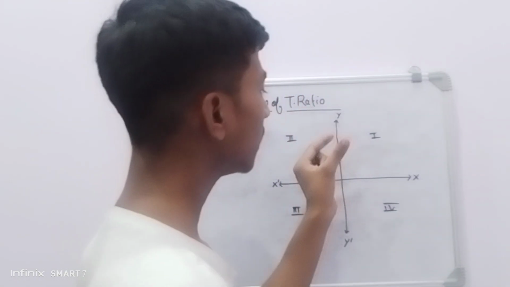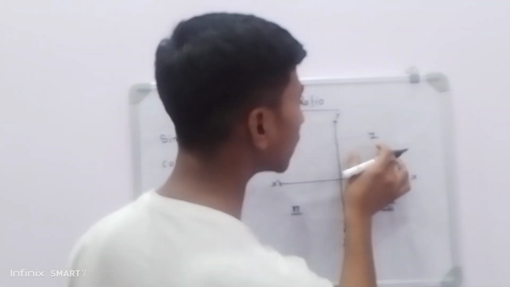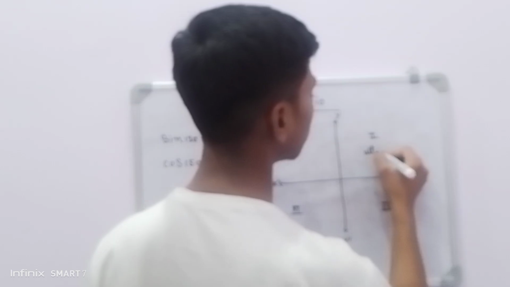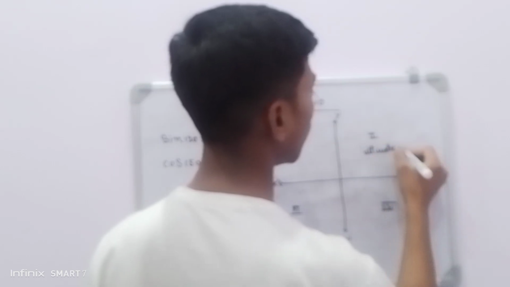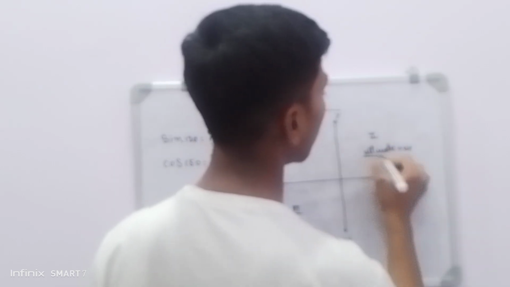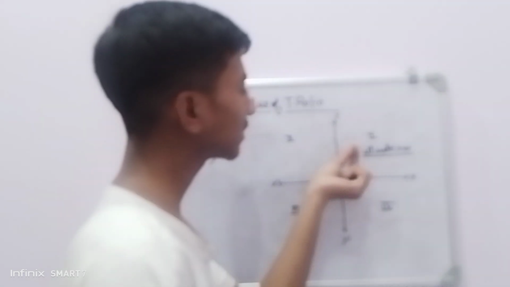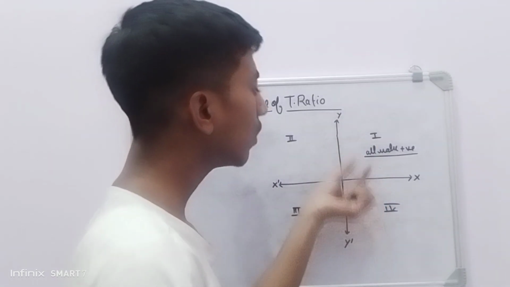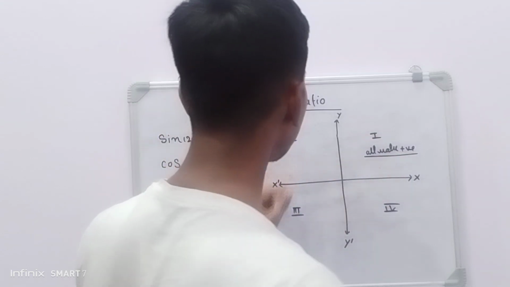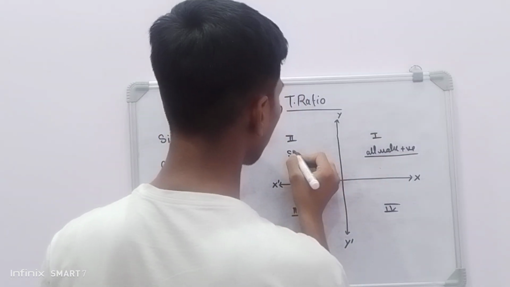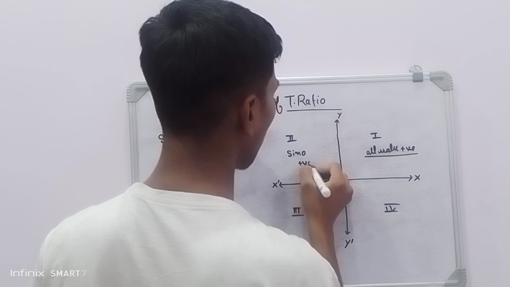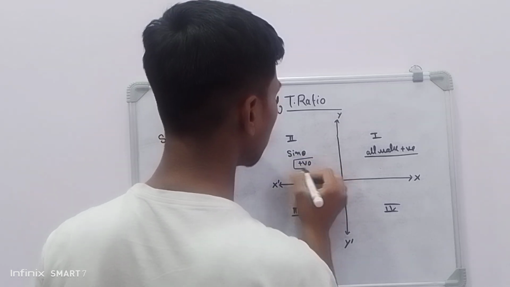In the first quadrant, all values will be positive, that means sine, cos, tan, cosec, sec and cot all remain positive. In the second quadrant, only sine will remain positive.